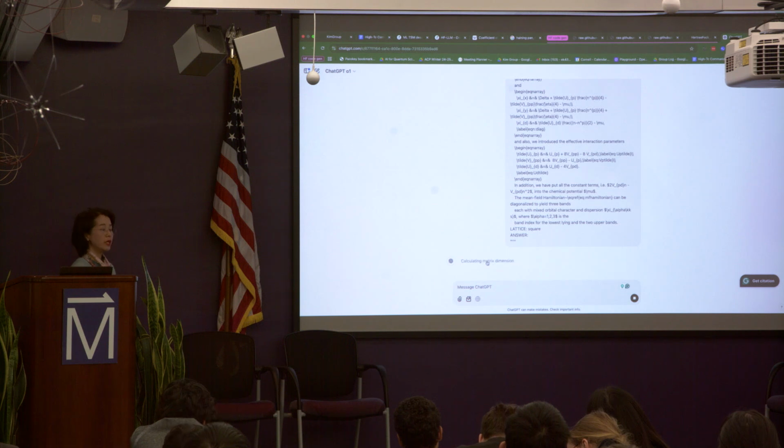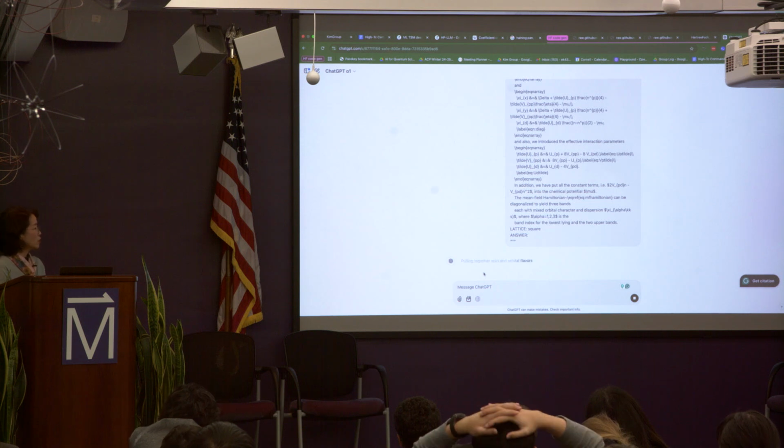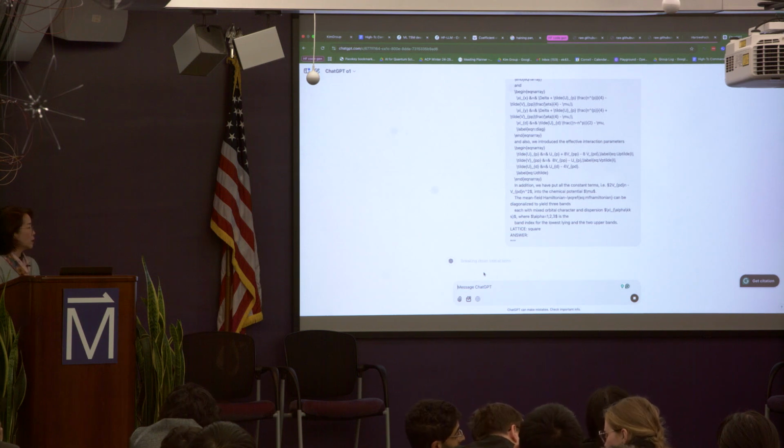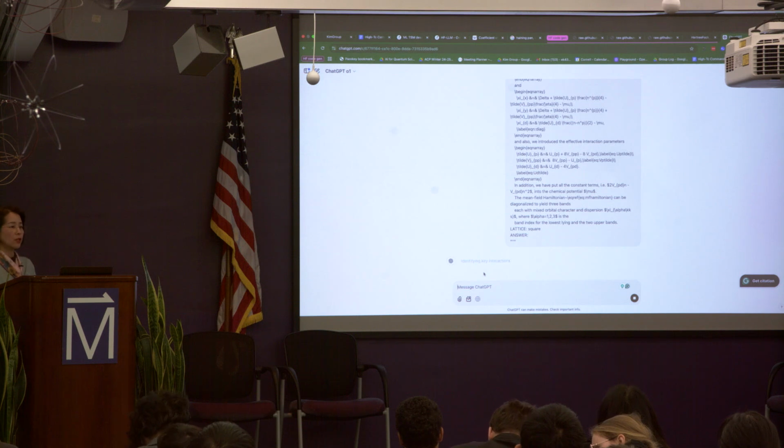Piecing together Hamiltonian elements. It's kind of telling you what it's doing as it does stuff. Pulling together spin and orbital flavors. It tends to take about 1.5 minutes to 2 minutes to arrive at the code.